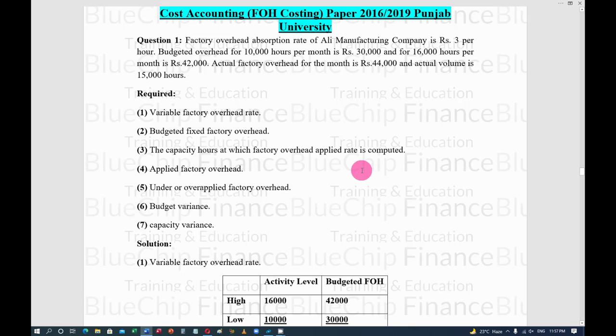This video is the sequel of the previous video in which we discussed FOH costing or variance analysis in the light of previous papers of Punjab University. In papers 2016 and 2019, there are two questions that appeared in paper 2016, in which one question is related to the high-low method.